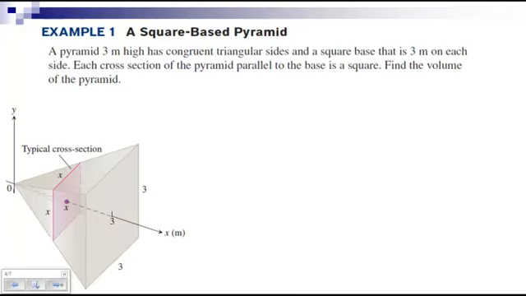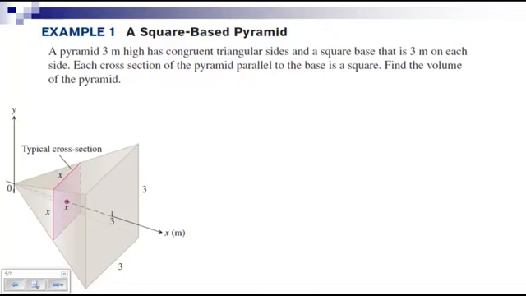Okay, so what we're going to do is find the volume of a pyramid. All right? Does everyone see a square-based pyramid here? You see it? Okay.